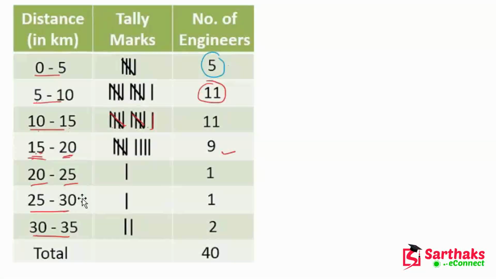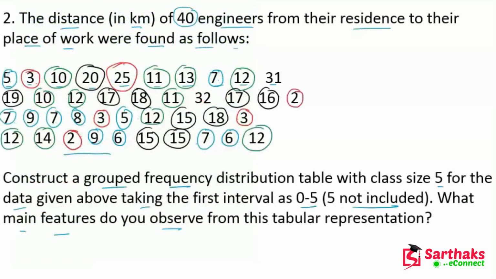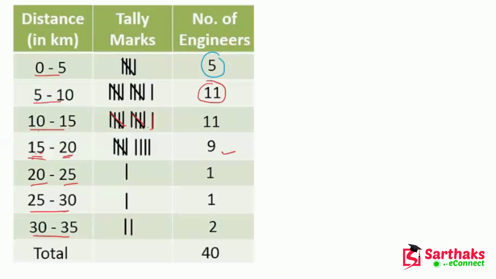Now 30 to 35: this is 1, and the next one is 32. So there are two engineers having the distance between 30 to 35.